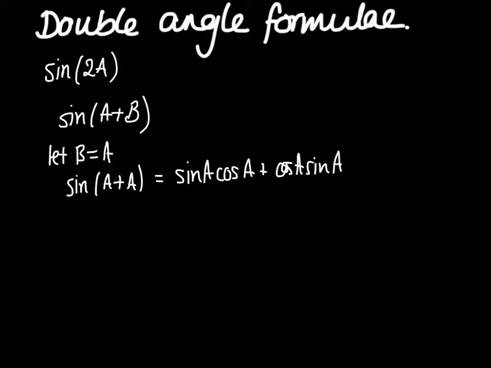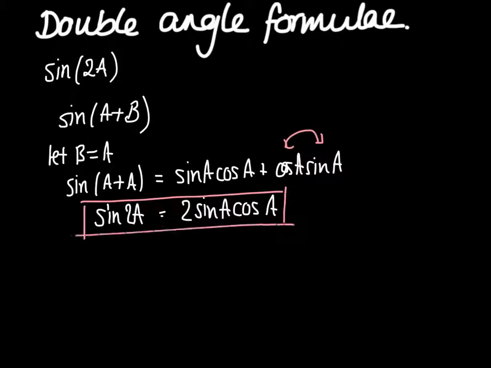Now these are multiplied, so obviously we can just switch those around if we want to. And if we do switch those around, we're going to find that we've got two lots of the same expression. We've got two lots of sine a cos a. And so there is our first result: sine of 2a is 2 sine a cos a. And that's just come from the compound angle formula.